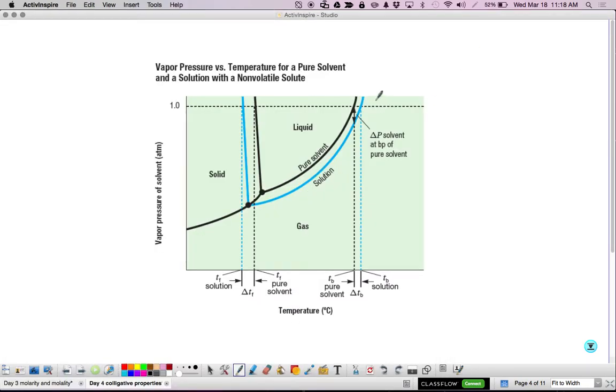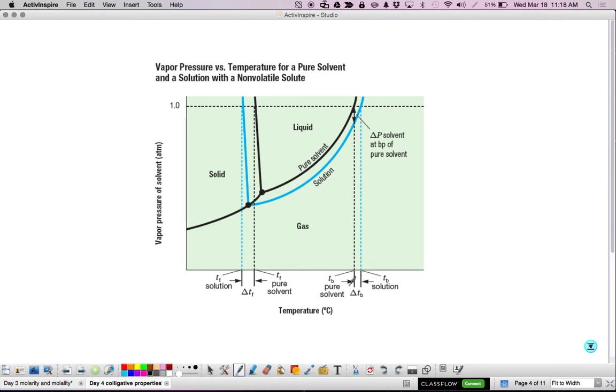Okay, so because we've decreased the vapor pressure, that is going to have an effect on the boiling point. So notice that if I move down here, in order to get back to 1 atmosphere, the boiling point, I have to increase the temperature.